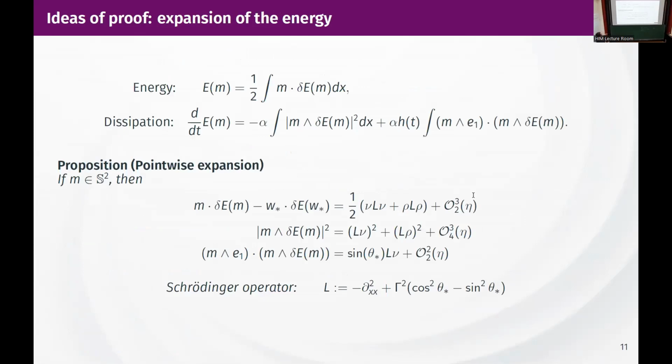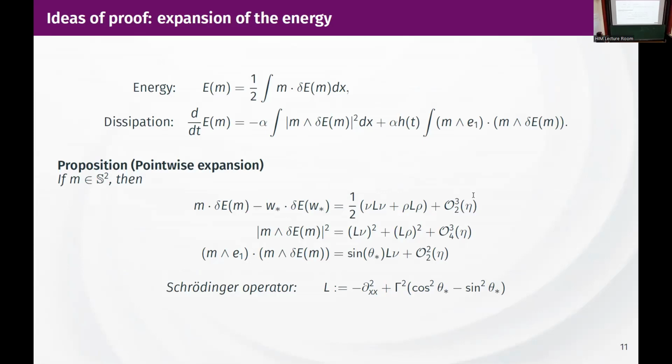Okay, so when I expand the energy, I have this thing. You have to imagine that n is W star plus theta, and theta is small. So I recall that the energy is like this. I compute this term pointwise. The leading term is this thing, and then W star is a minimizer, so you don't have linear terms.